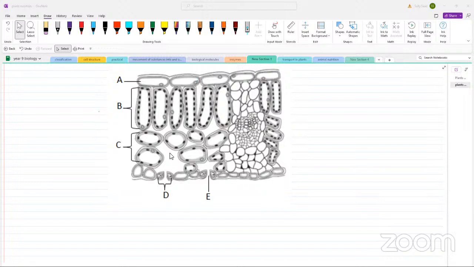the intercellular spaces. Last layer, it is the lower epidermis, which has guard cells, and these guard cells control the opening and the closure of the stomata. Stomata open if the plant needs to make gas exchange.